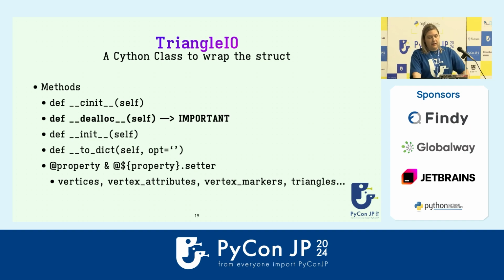But you might not be familiar with cinit or dealloc, and those are specifically part of Cython. cinit gives you the option of really making sure that code is run immediately, and dealloc is where you have to manage memory yourself. This is one of the guns of Cython.